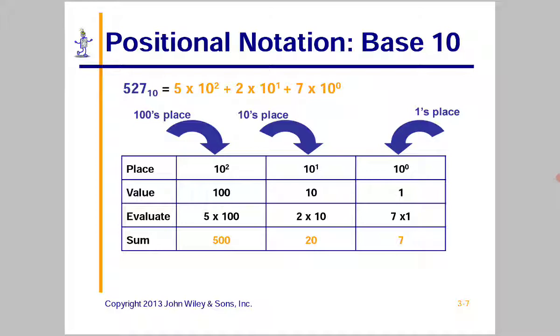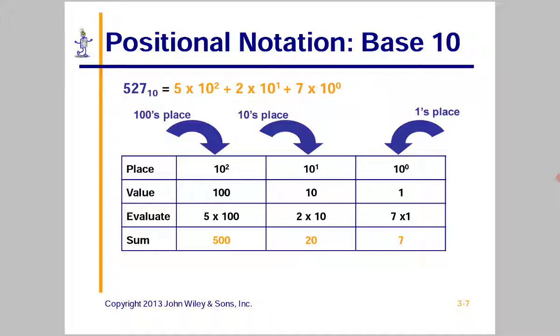The base of the decimal number system is 10. Starting from the extreme right digit, that is 7: 7 into 10 power 0, plus the second digit, 2 into 10 power 1, plus the third digit, 5 into 10 square.